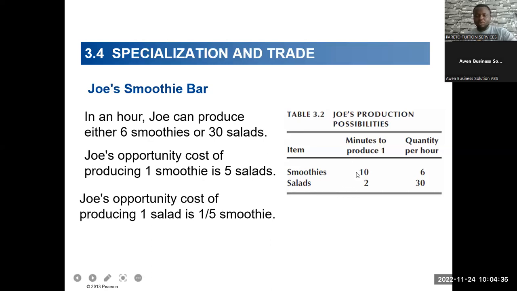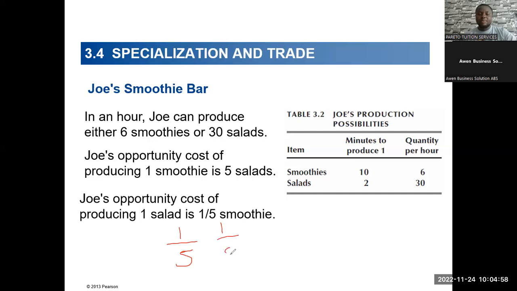We need 10 minutes to produce 1 smoothie. But then it's only 2 minutes that we are sacrificing here. So we could have used those 2 minutes to produce 1/5 units of what? Smoothies. Each 2 minutes will produce 1/5 of a smoothie.